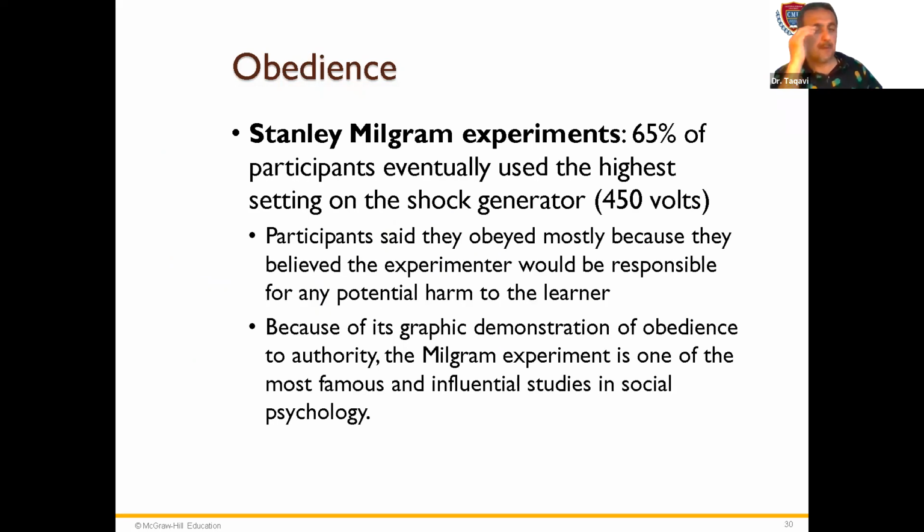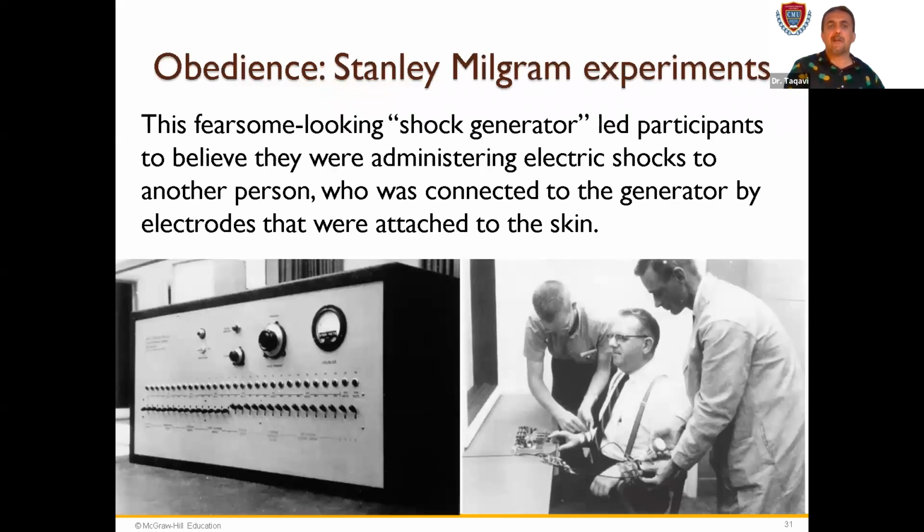The Stanley Milgram experiment is a very, very famous experiment in psychology. The results showed that 65% of participants eventually used the highest setting on the shock generator. You can see here this fearsome looking shock generator led participants to believe they were administering electric shocks to another person who was connected to the generator by electrodes attached to the skin.